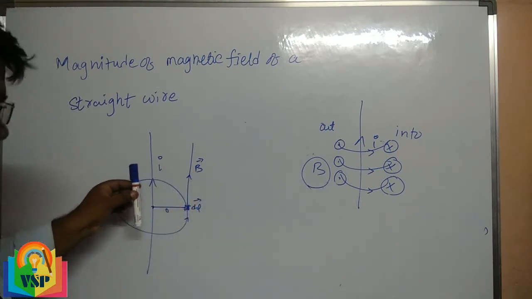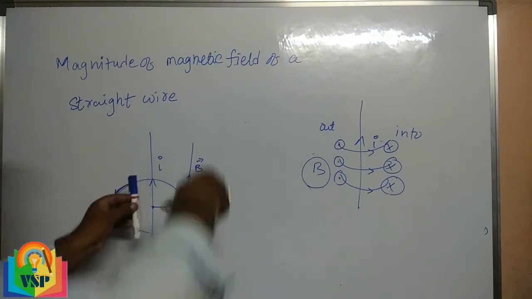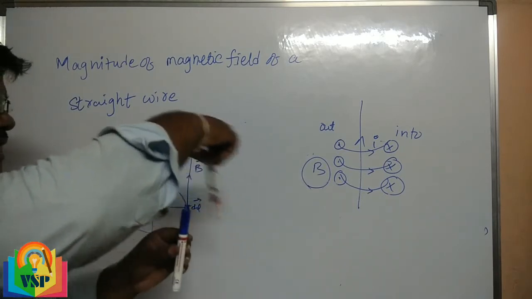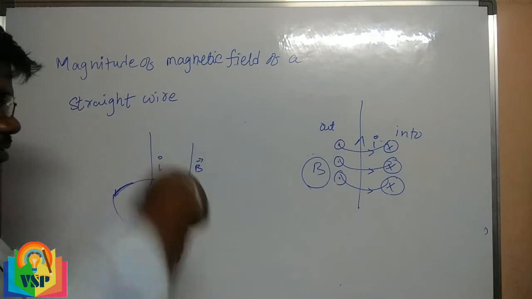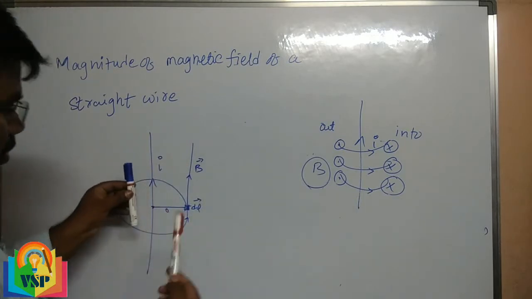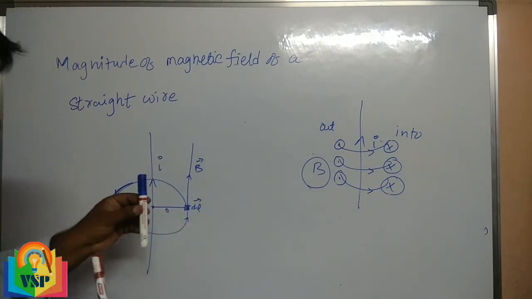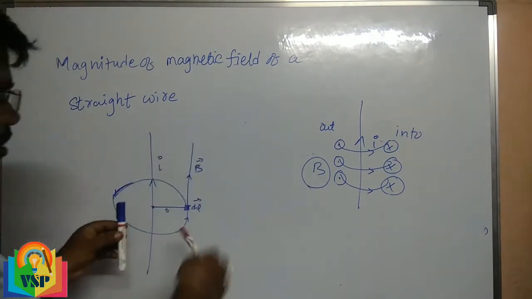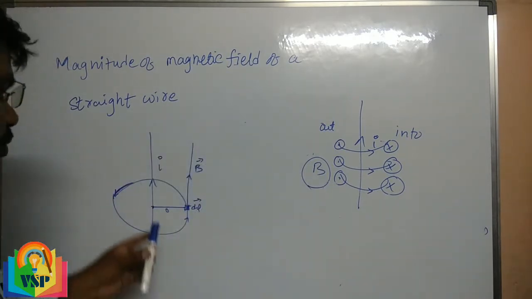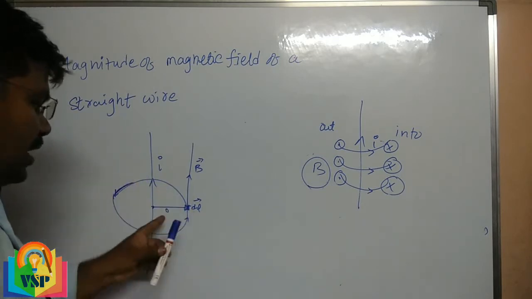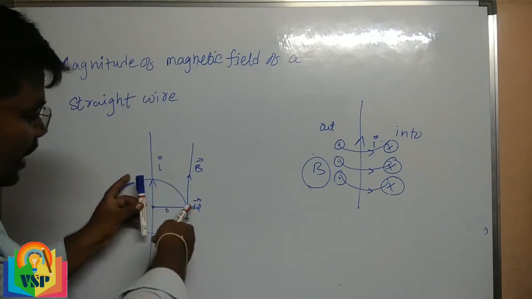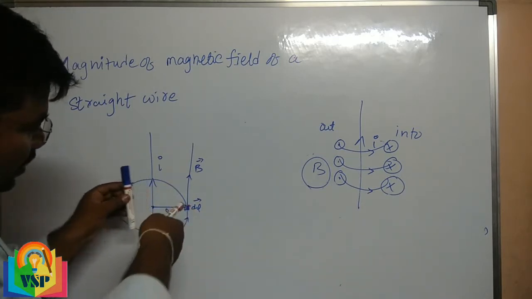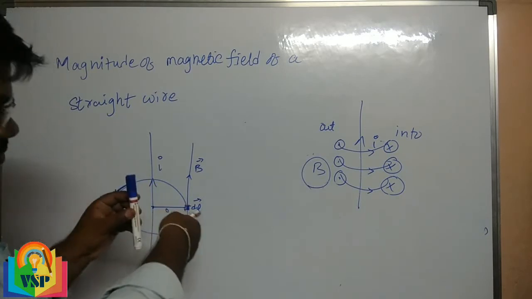Around the current carrying conductor, the magnetic field develops; the length of the field line is 2 pi r. At that point, the magnetic field direction is like this.